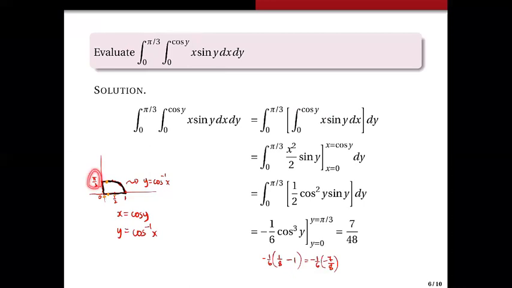So if you only consider this part here, that's rectangular. So you will have something like the integral, you do dy first, integral from 0 to pi over 3, and then you integrate from 0 to 1/2.